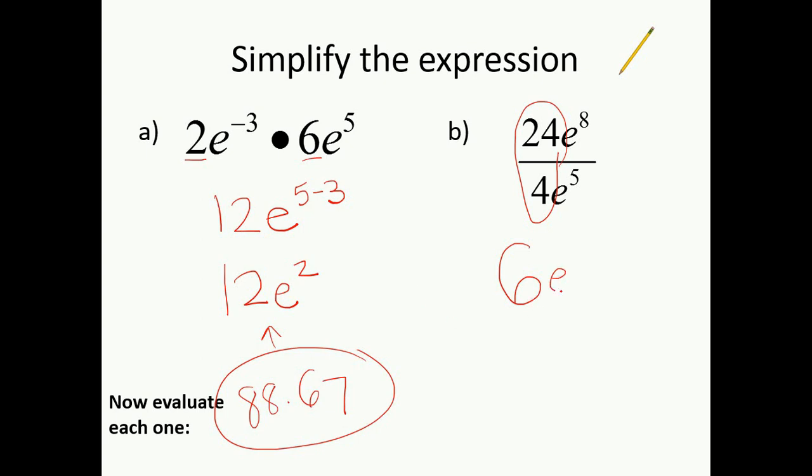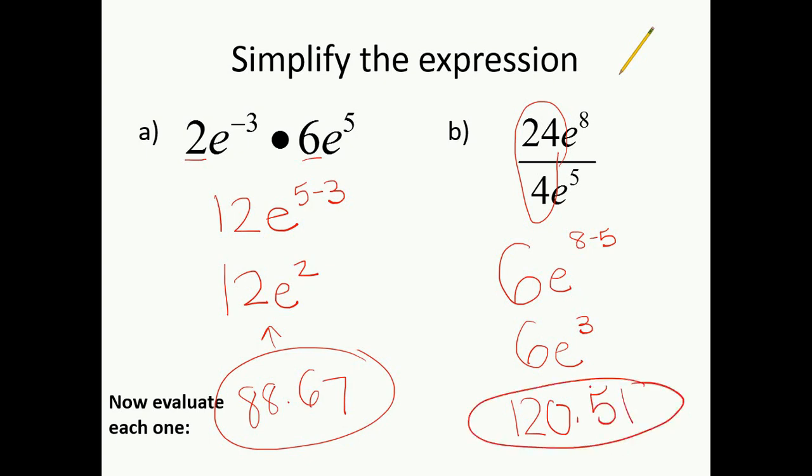So this would be e to the 8 minus 5, which is the same thing as 6e to the 3rd. Now, I did that quickly on my calculator, and I got 120.51. Okay, something to keep in mind just to get a good guesstimate of what that actually means.